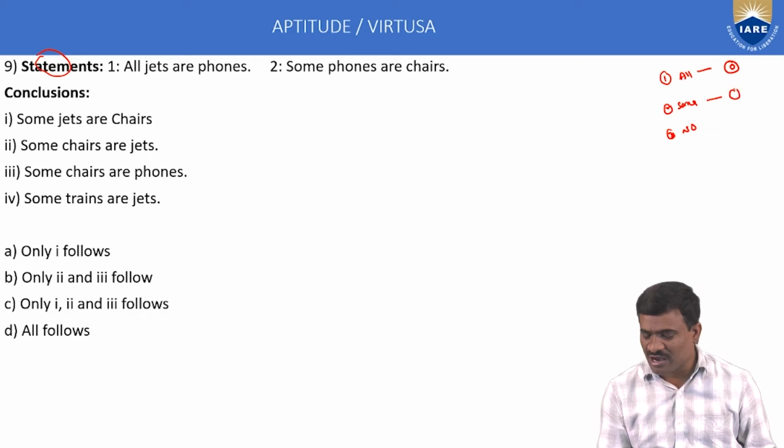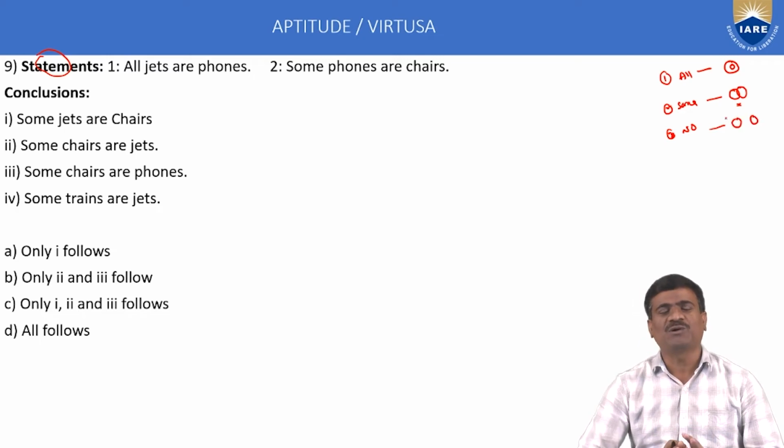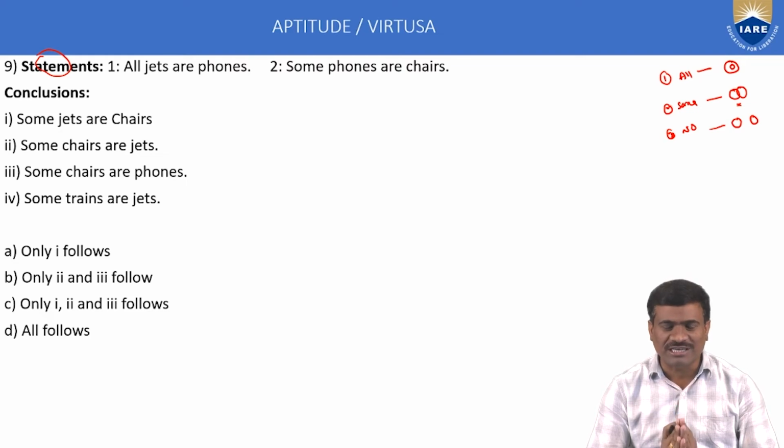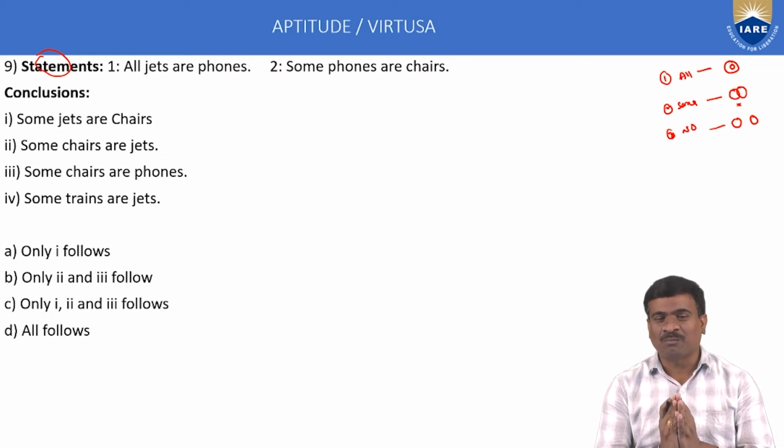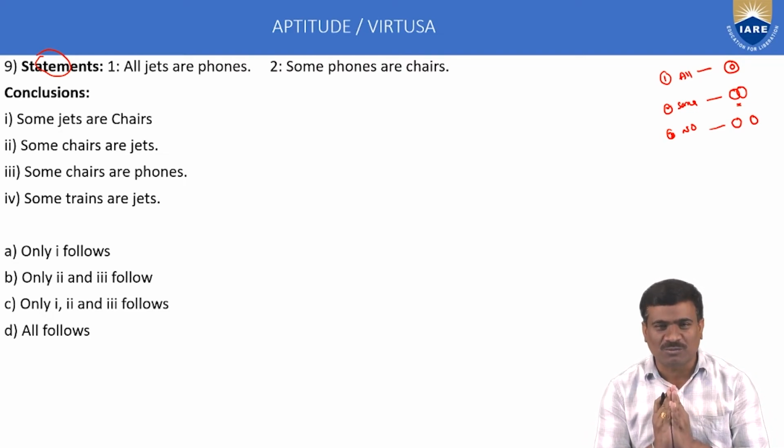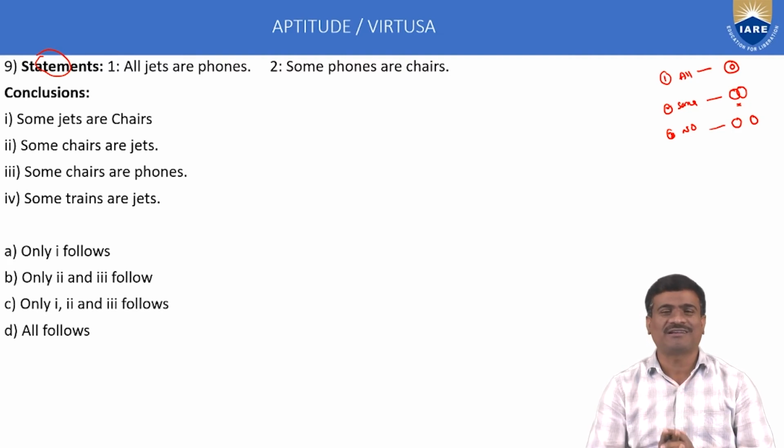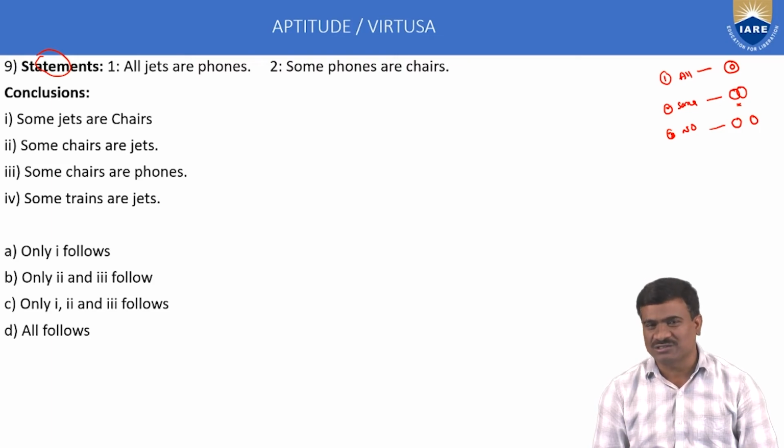Some means the common part between A and B, called the intersection part. No means separated, there is no relation. Very simple topic, but you may write any competitive exam. Minimum 1 or 2 marks belong to only the logical deduction topic, that is statements and conclusions.